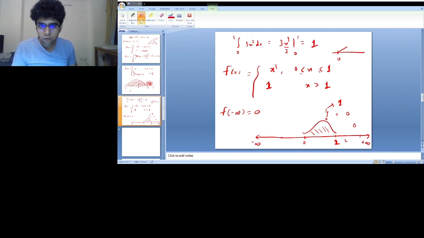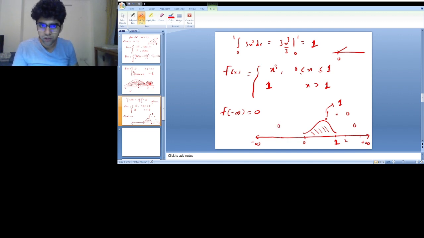Now, if my x approaches negative infinity, I don't have any function present over here, right? The first function that I encounter will be when I go for any x greater than 0. So I don't have any PDF before the lower limit 0.